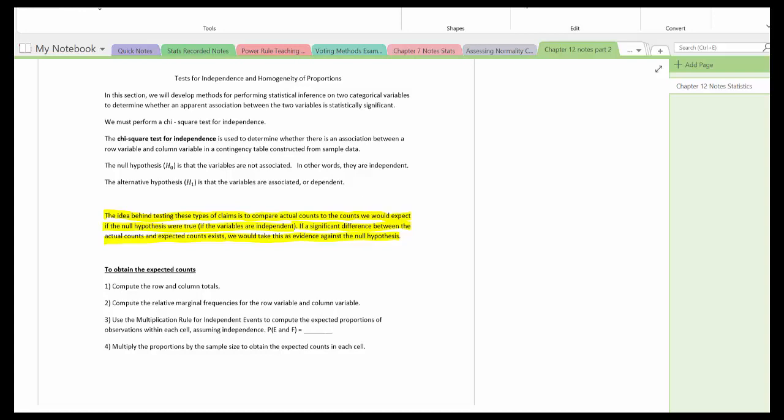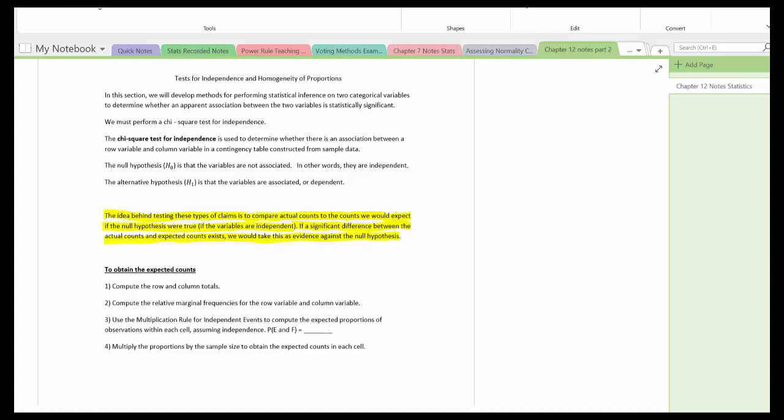The idea behind testing these types of claims is to compare actual counts to the counts we would expect if the null hypothesis were true. In other words, the variables are independent.